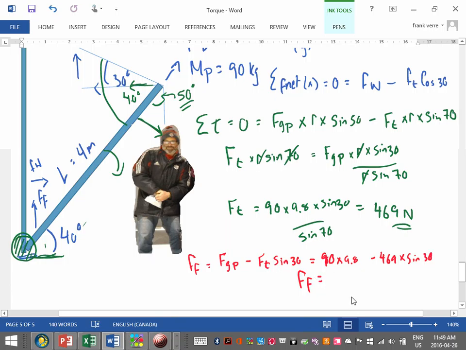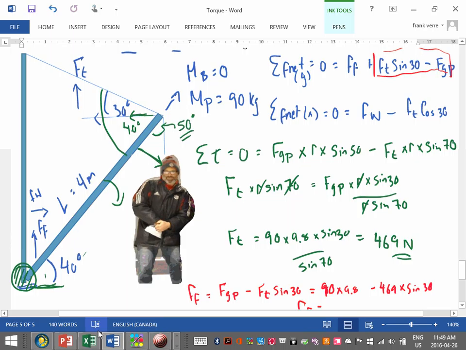Yeah, Laura? Where? For this one? In the green? So this is sine 50 because we're looking at the torque from this individual.